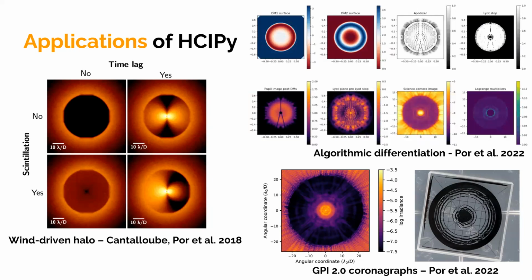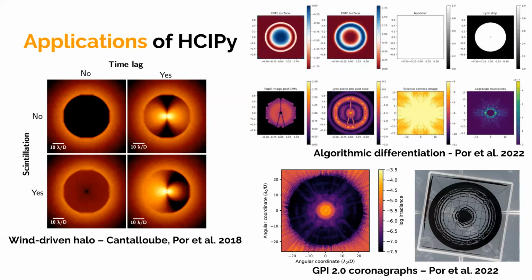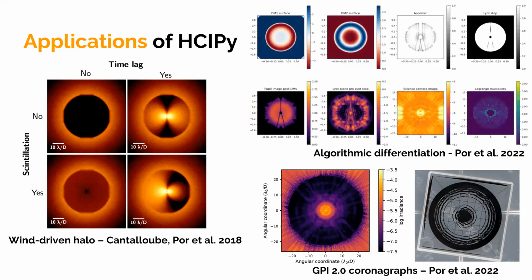This is showing a fully general chronograph being optimized by this method and basically reaching the same performance as all the other chronographs, to actually optimizing the current manufactured chronographs for GPI 2.0, which is an exoplanet imager on the Gemini telescope. We manufactured these optics, we did all the simulations and optimization with HICAT, and we are now getting ready to install them in the GPI at Notre Dame and get them on sky for the first time, again, because it's GPI 2.0.